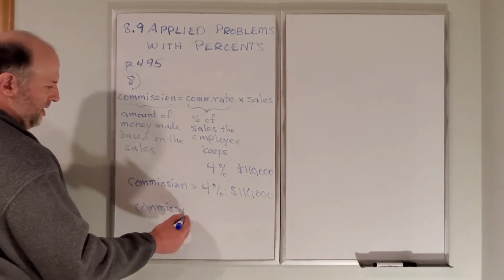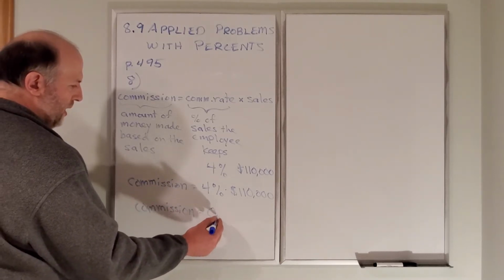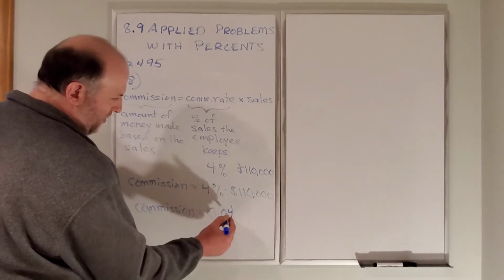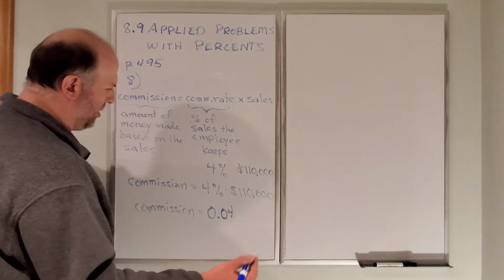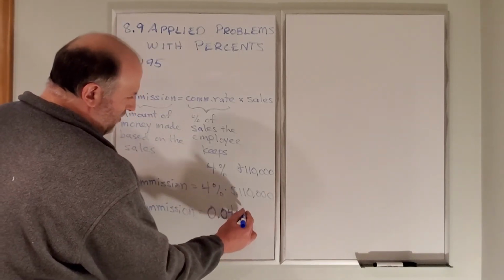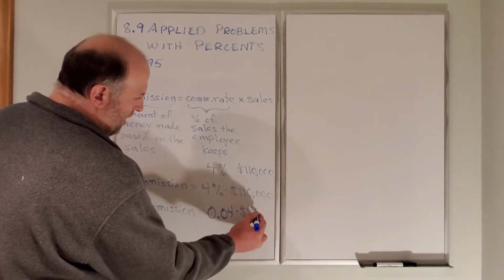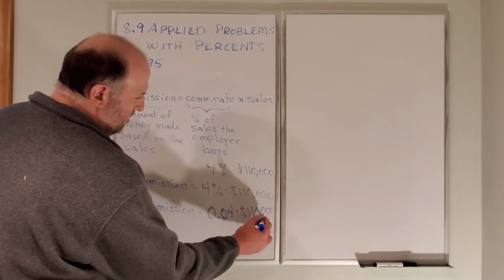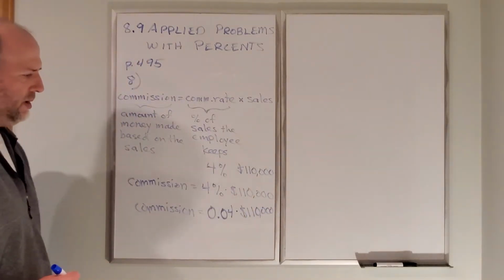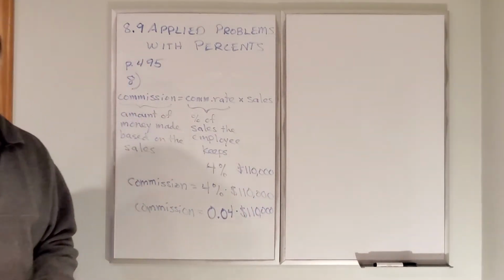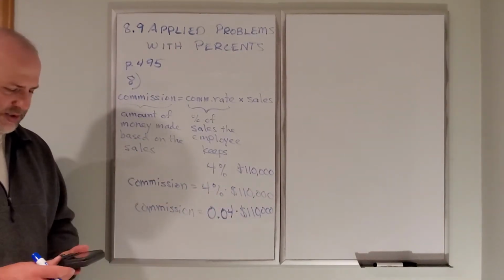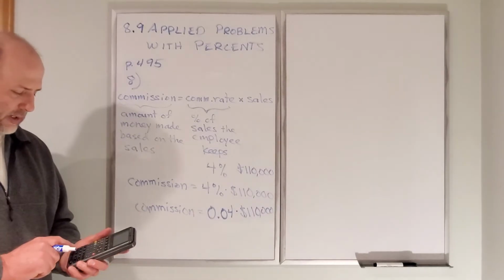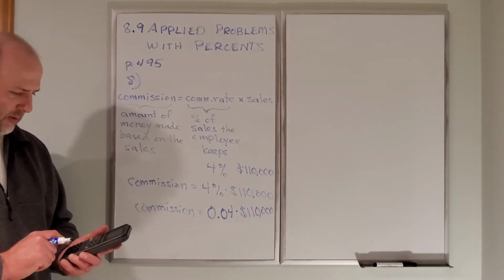So Anthony's commission is 0.04, well, you can see this marker is fading pretty fast, and one of my other markers dried up. 0.04 times $110,000. Okay, once you get down to this point of understanding what needs to be plugged in, and you can clearly see what operation needs to be done, if you want to use your calculator at this point, you can certainly do so.